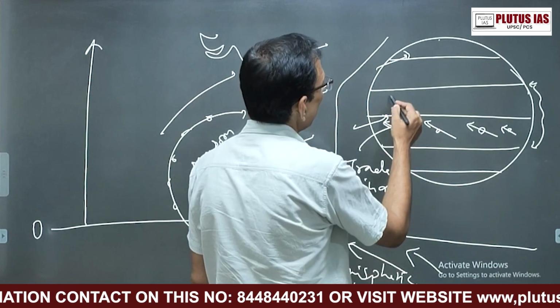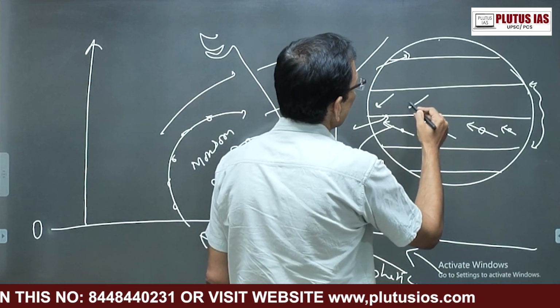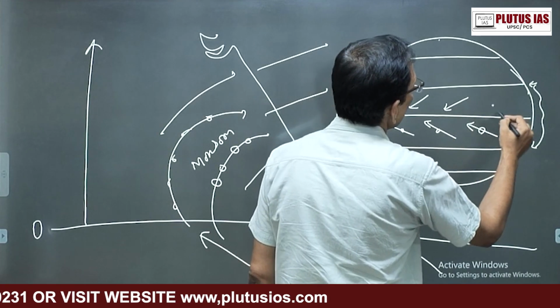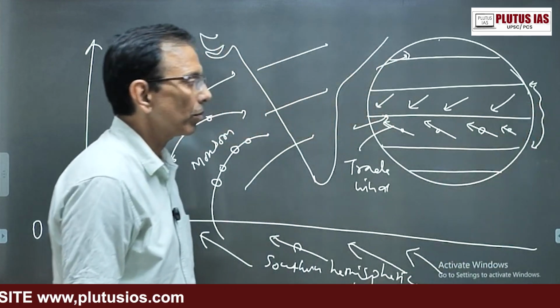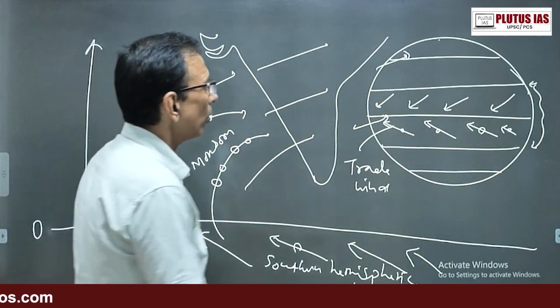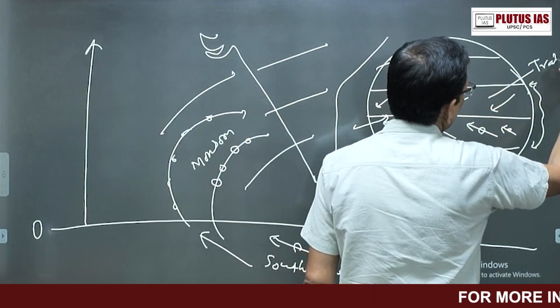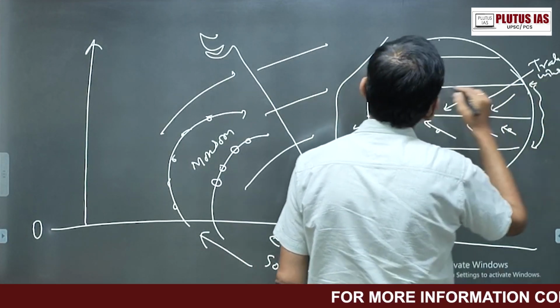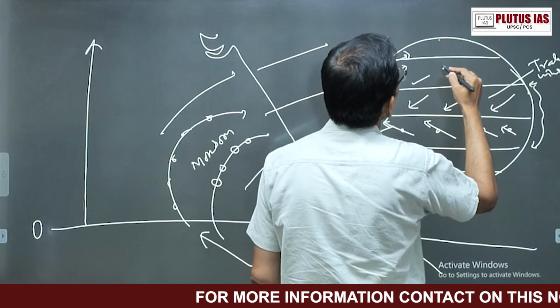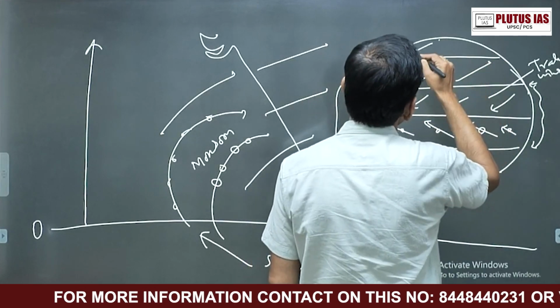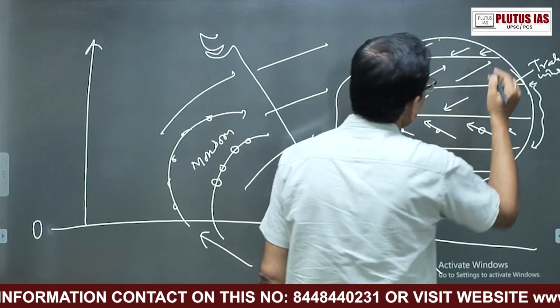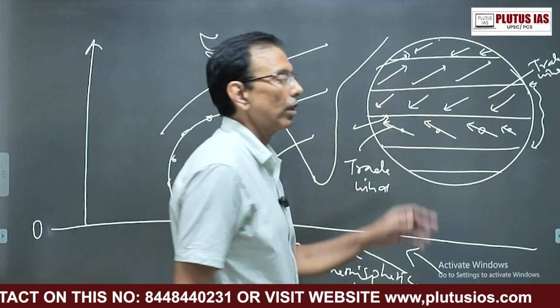Similarly, in the northern latitude of tropics there is also a wind named trade wind, right? And then these are westerlies.